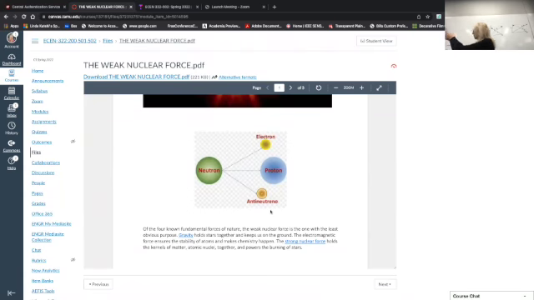Every time there is this split from a neutron that has zero charge to two opposite and equal charges, like in this particular case, in the simplistic version, which is one proton, one electron, the weak force is responsible for that.